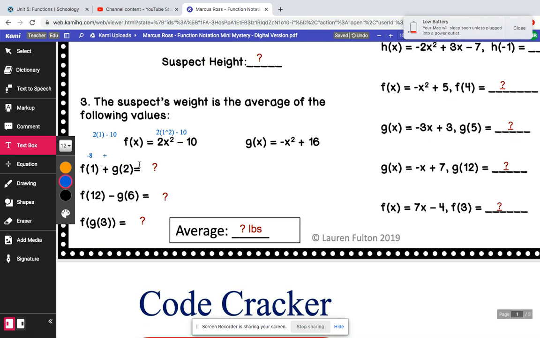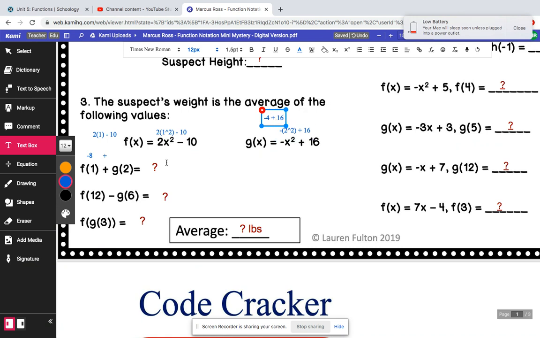G of 2, so x is 2. G of x, g of 2. X is 2. So notice how I'm going to keep my negative sign here on the outside. So we're going to do order of operations, exponents first. 2 times 2 is going to give me 4, but we have that negative sign, so it's negative 4, plus 16.